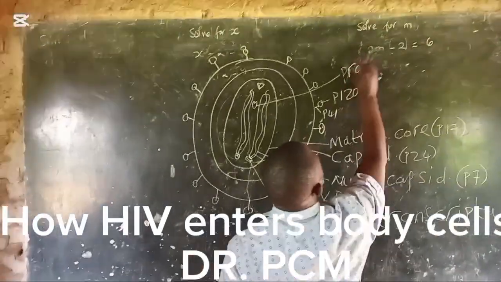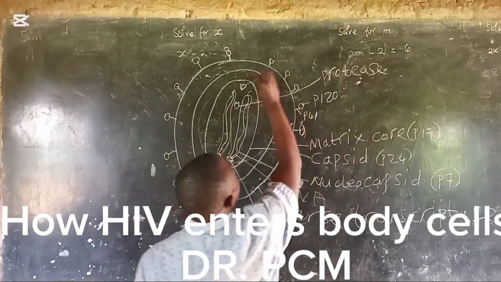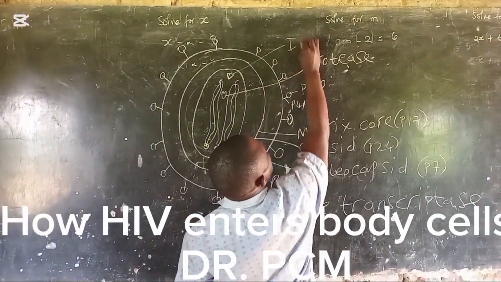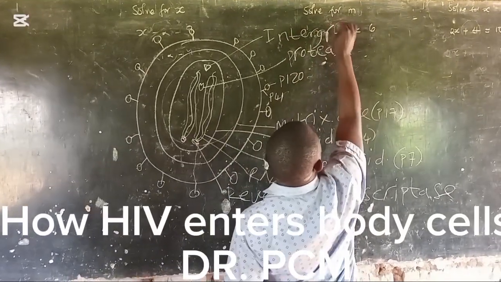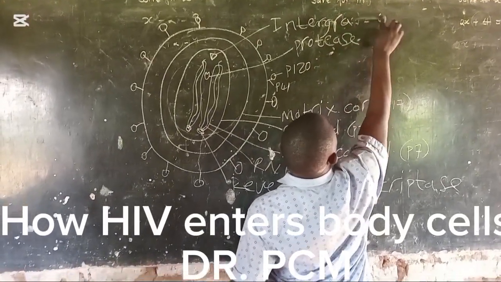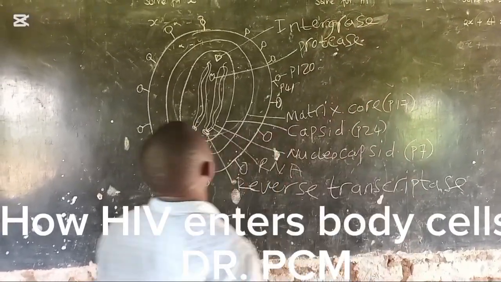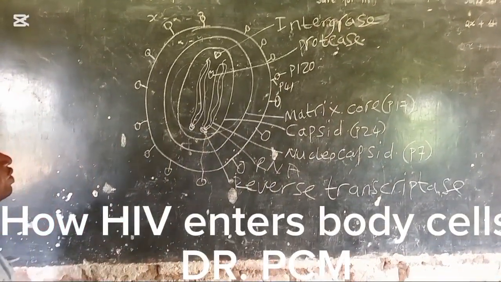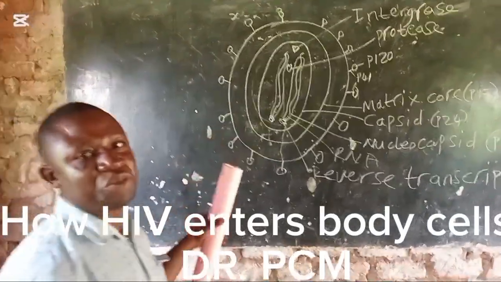So we are remaining with two enzymes. This enzyme is called protease, and that remaining enzyme is called the integrase. So that is our virus.